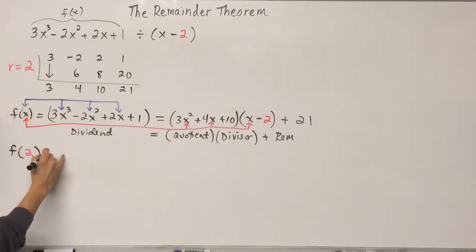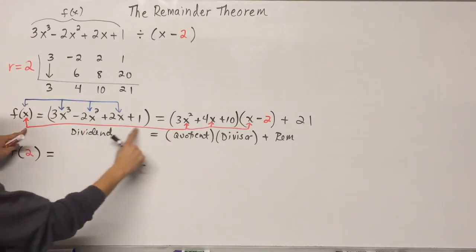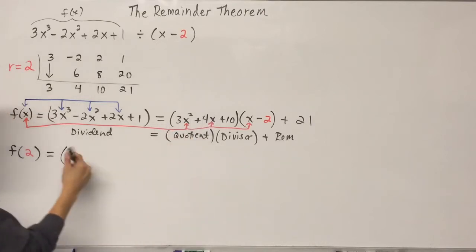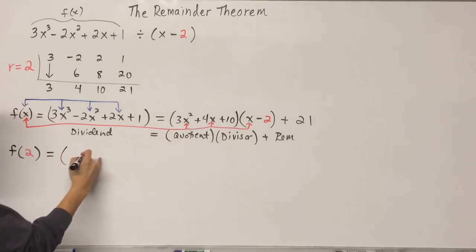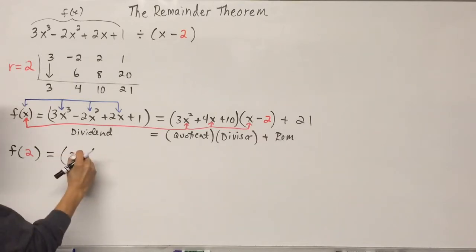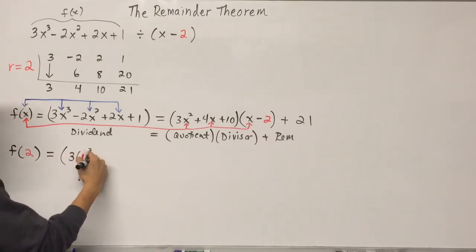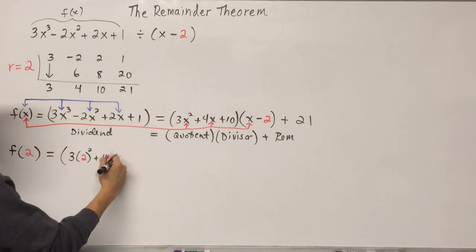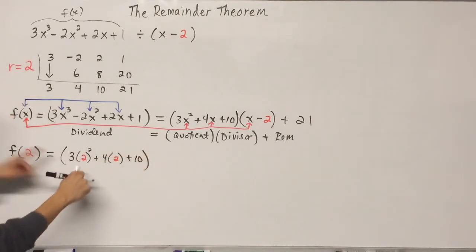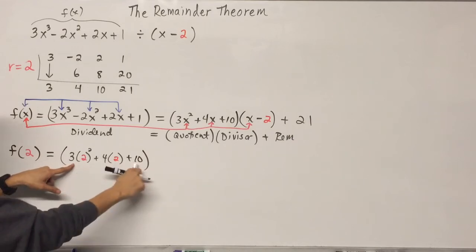Well, that 2, if I follow the red path, is going to go into here and there, and notice you're going to get some number, right? It's going to be 3 times 2 squared plus 4 times the 2 in red plus the 10. But notice, who cares what all this is going to equal?